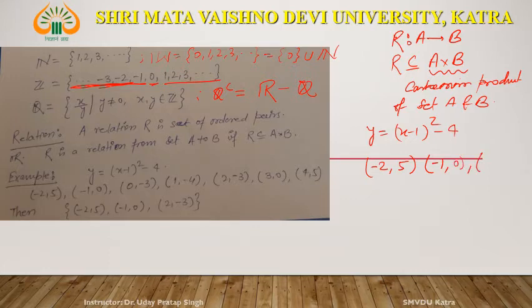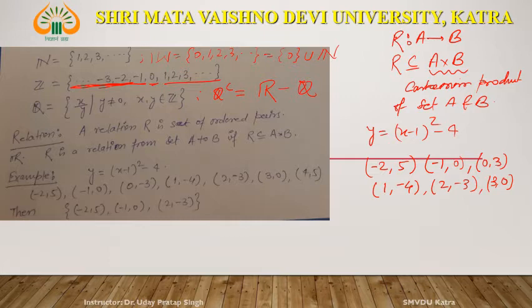If x is equal to 0, then y is equal to minus 3. If x is equal to 1, then y is equal to minus 4. If x equal to 2, then y equal to minus 3. If x equal to 3, then y equal to 0.